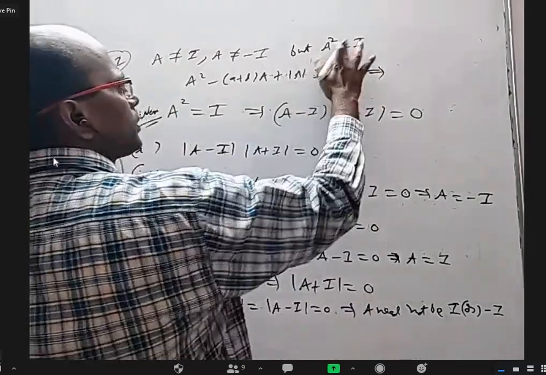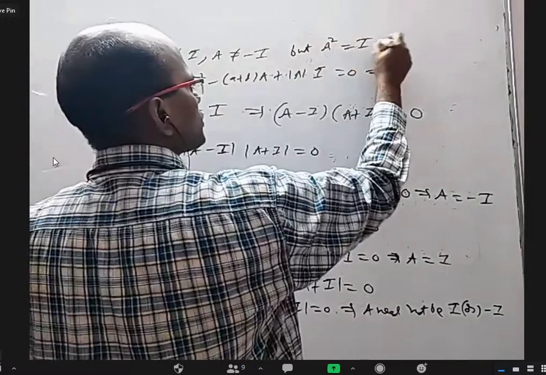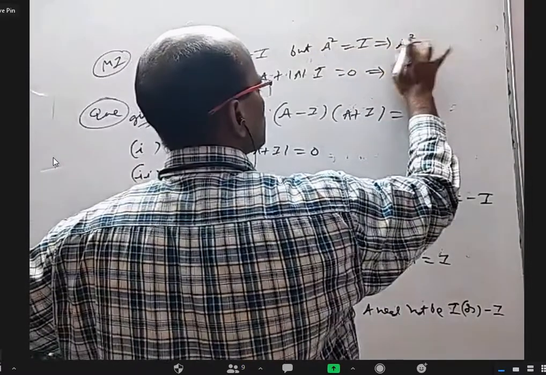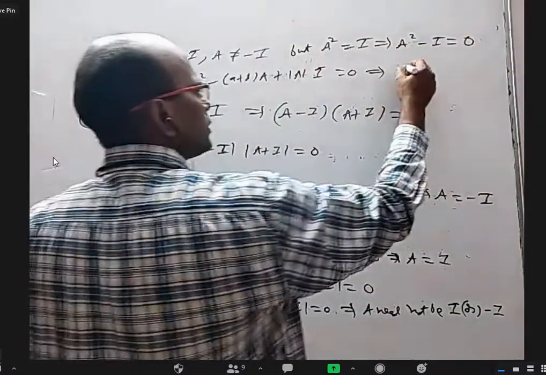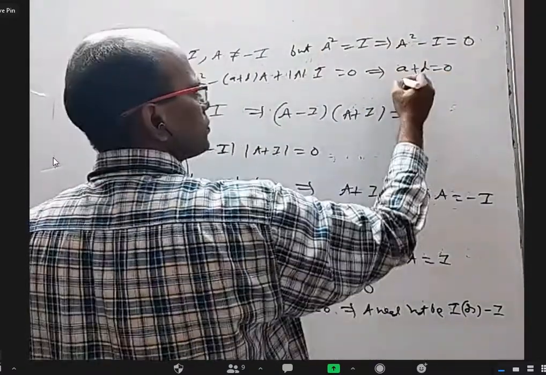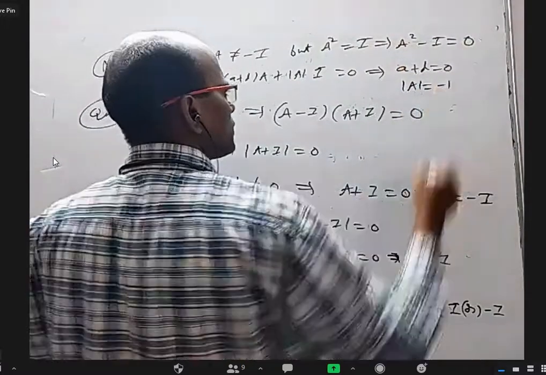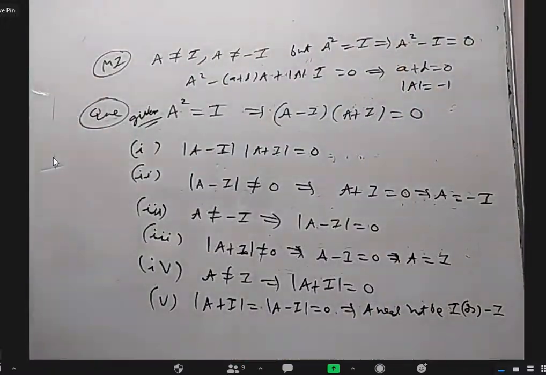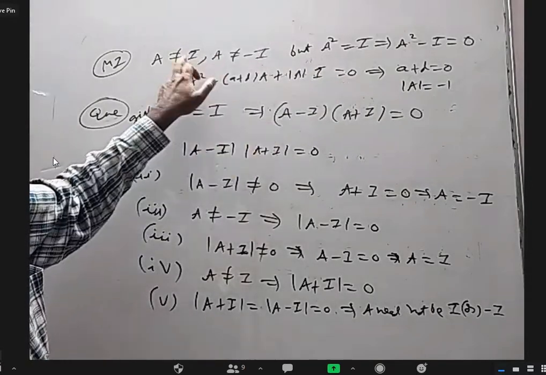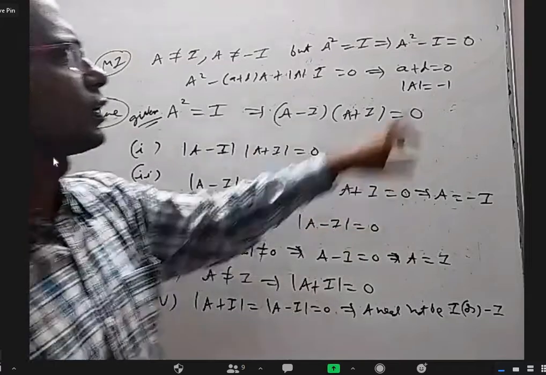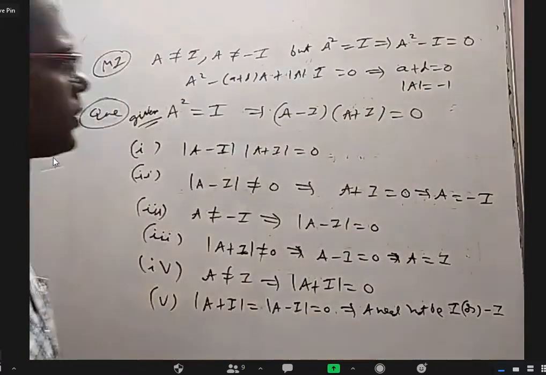Okay, if I compare A square equal to I, which implies A square minus I is equal to the null matrix, then when I compare, trace A should be 0 and det of A must be minus 1. I think there are a lot of matrices satisfying this, but for all of them other than I and minus I, trace should be 0 and det should be minus 1.